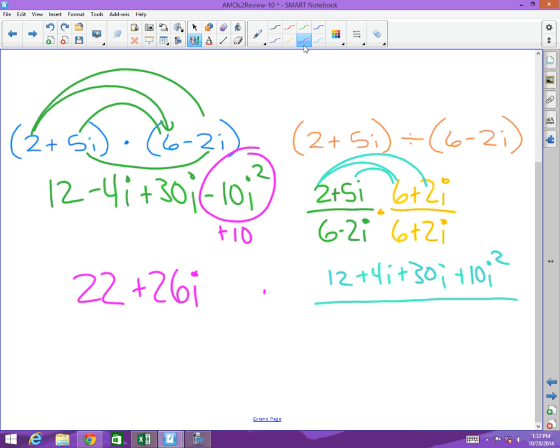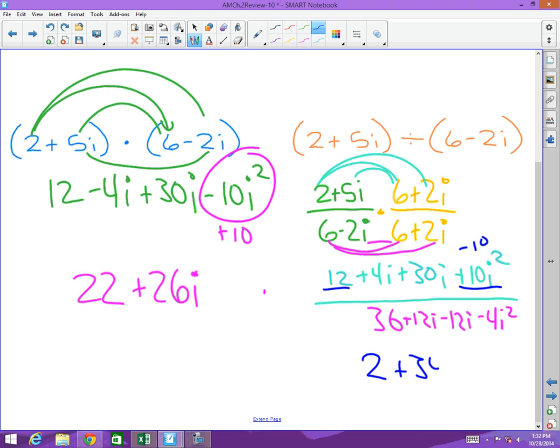In the denominator, it's 36 plus 12i minus 12i minus 4i squared. And so then 12 minus 10 is 2, and plus 34i, and 36 plus 4 is 40. And since all of those are divisible by 2, you could say 1 plus 17i all over 20.